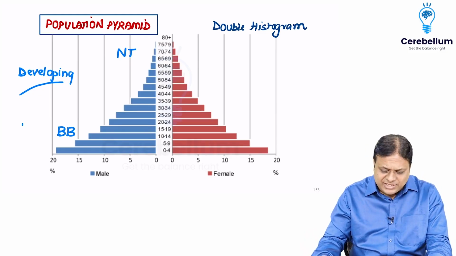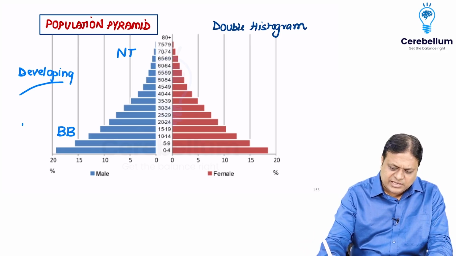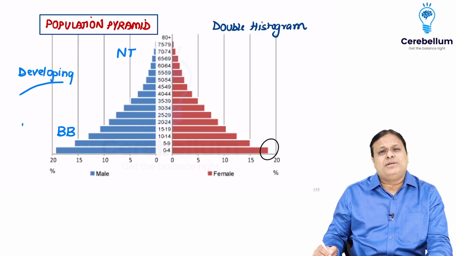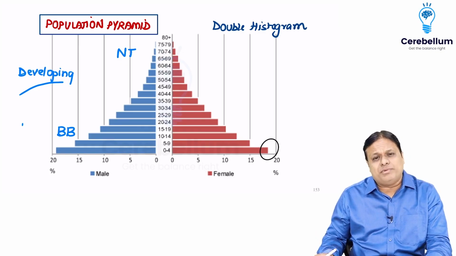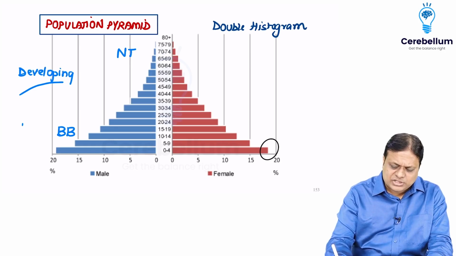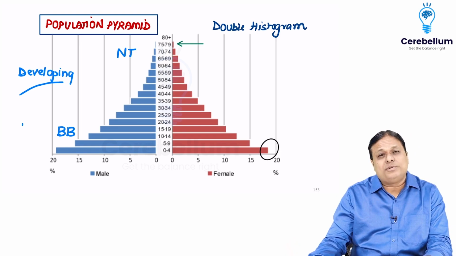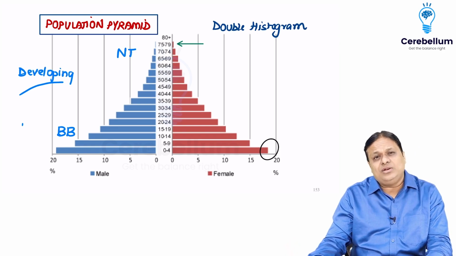Also, you can see that there is a gap here representing an unfavorable sex ratio, asymmetric pyramid, and it's shorter. Highest life expectancy age group is around 75 to 79 only.